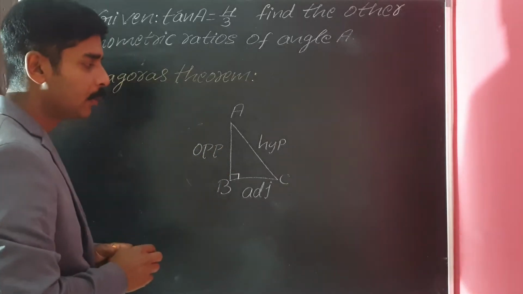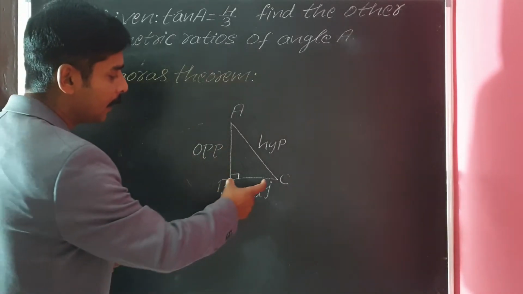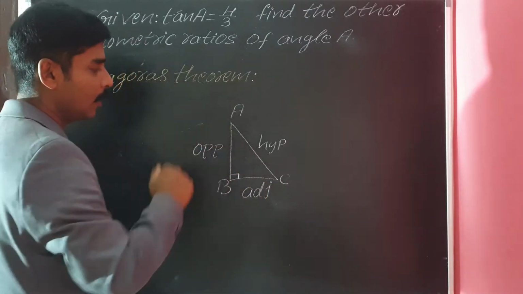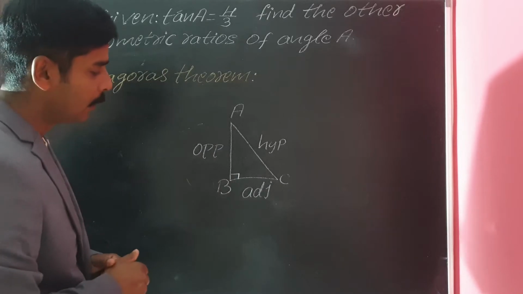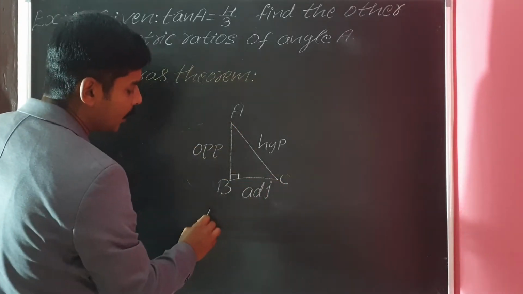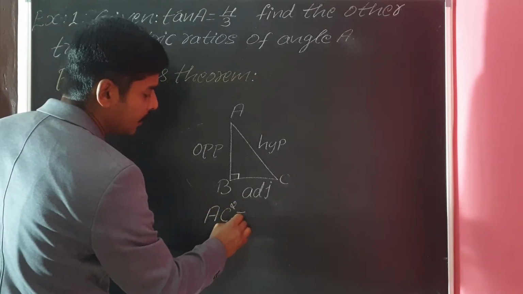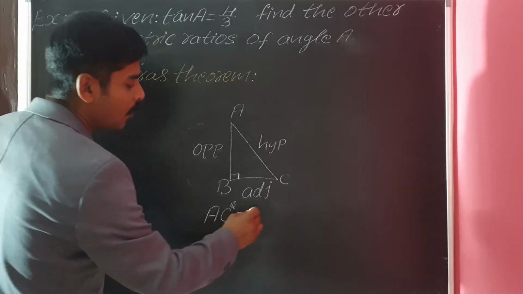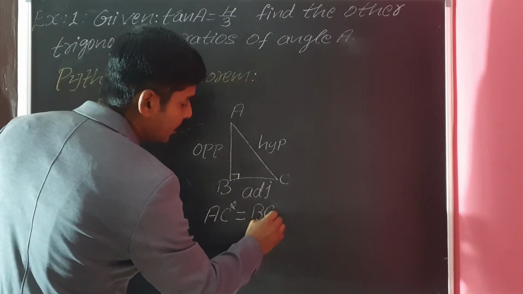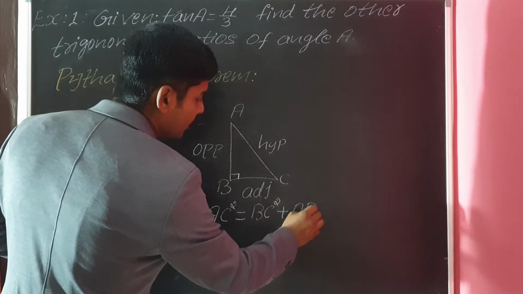While applying Pythagoras theorem to a right angle triangle, it doesn't matter which side you consider as adjacent side and opposite side. Okay, now Pythagoras theorem says that the square on the hypotenuse, that is AC square, is equal to the sum of the squares of other two sides, BC square plus AB square.